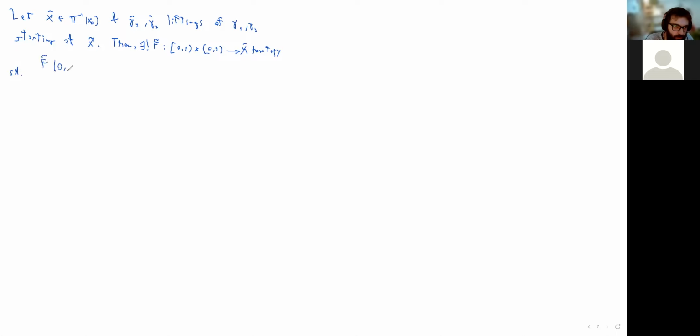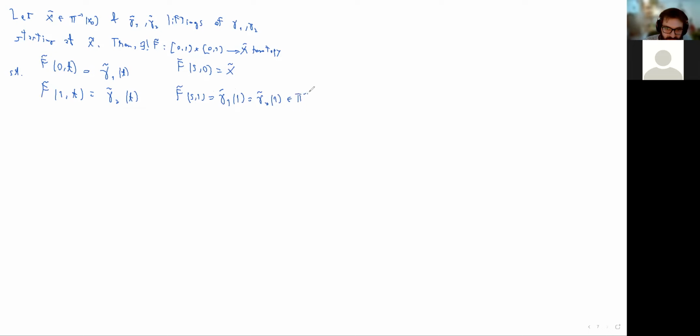okay, and of course it does what we want, which means that if you look at (0,t), you get the lifting of gamma 1. If you look at (1,t), you get the lifting of gamma 2. If you look at the starting point of each path, you get your x tilde, while the endpoint is going to be the endpoint of gamma 1 and also the endpoint of gamma 2.